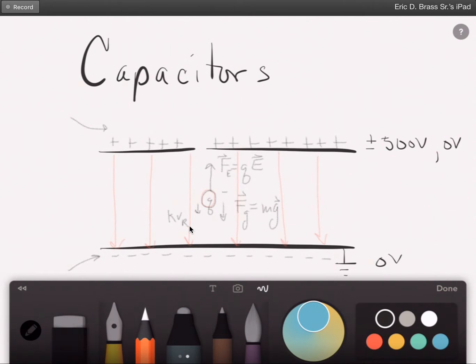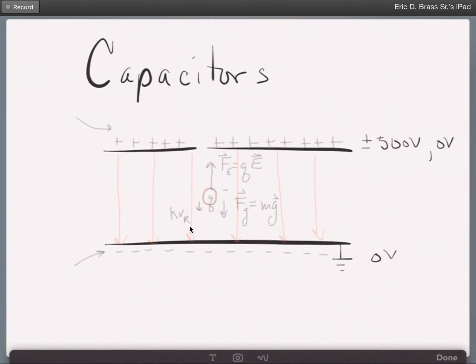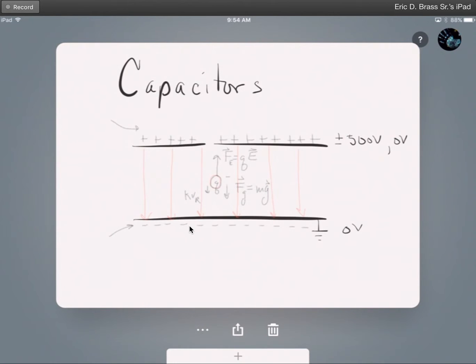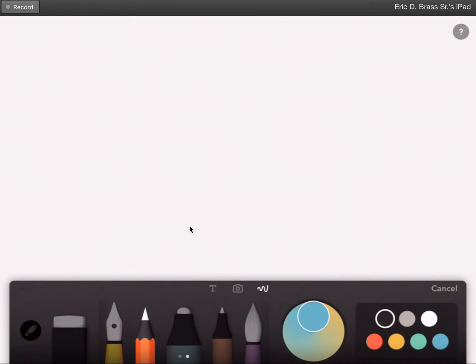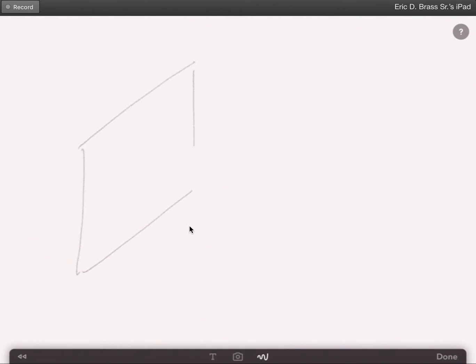So with that, let's go into the geometry. Voila, the geometry is right here. And let's create a new page. And so let's say we have two plates. Like so. I would much rather them be circular. Like so.